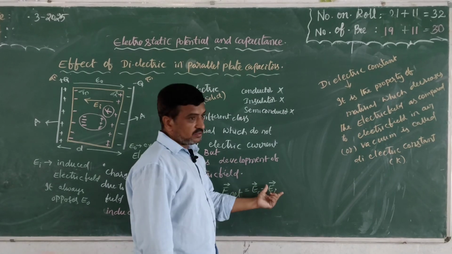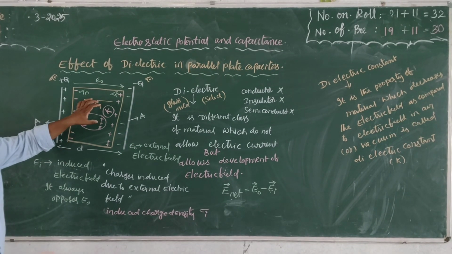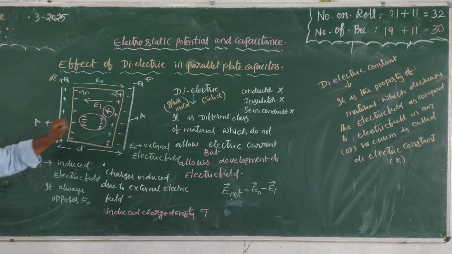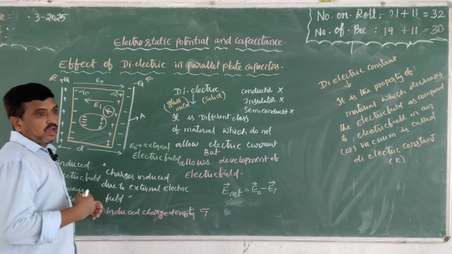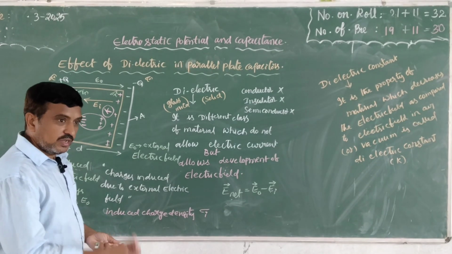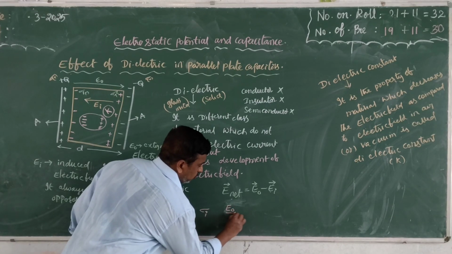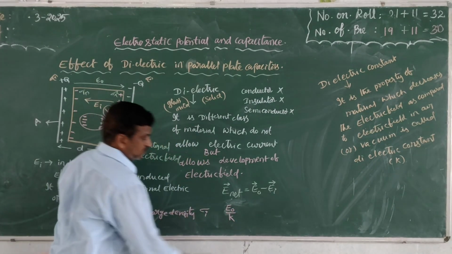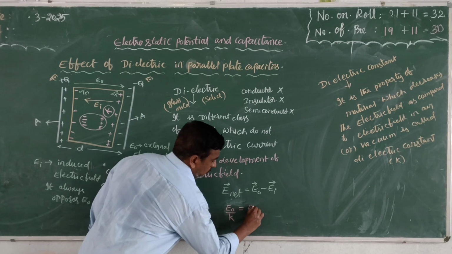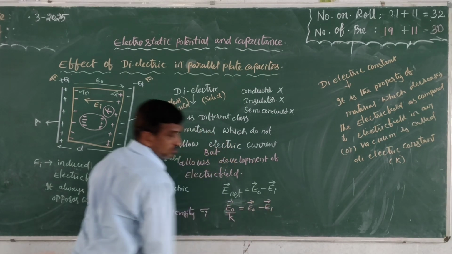E naught minus EI. How many times the electric field decreases as compared to the electric field in air, that we write as the dielectric constant. So the net electric field is E naught by K, which equals E naught minus EI, the induced electric field.